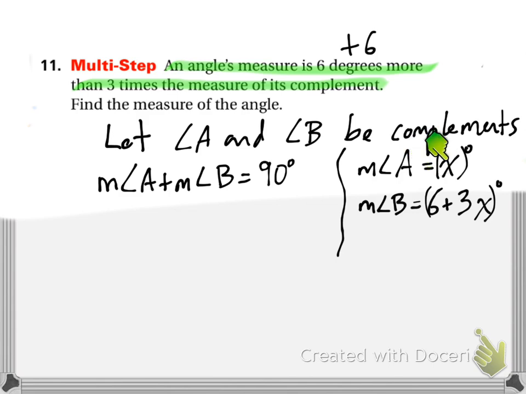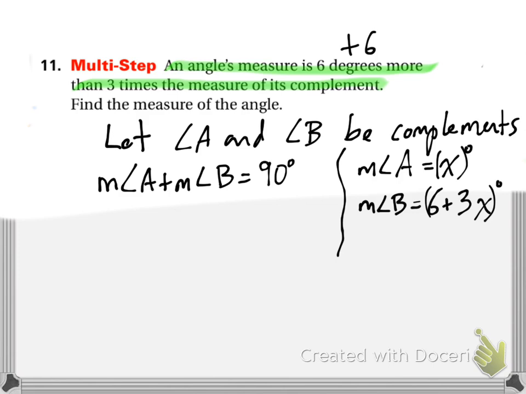So one of the angles is x degrees, the other one is 6 more than 3 times that. Try to wrap your head around that. But that works.